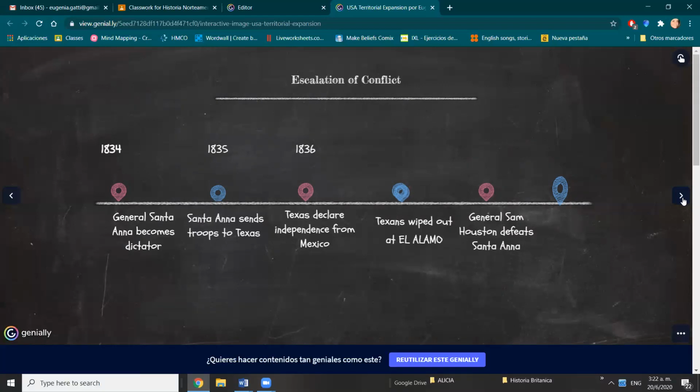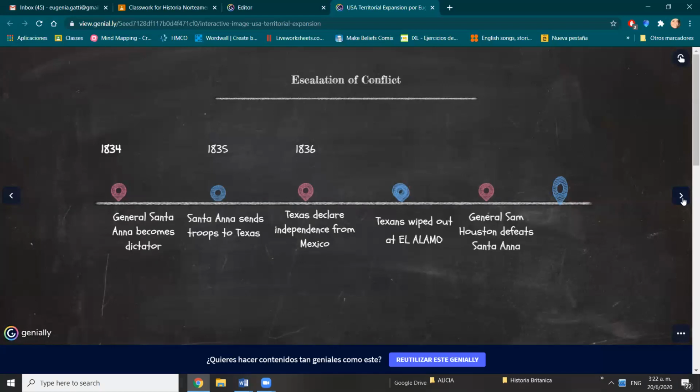a country with which all the Americans that were living in Texas and the Texans themselves had very strong links of identity, of economy, and also political interests, because many people in the United States, especially the Southerners, were thinking of annexing Texas as a state.